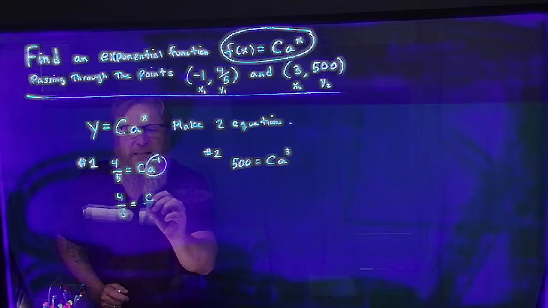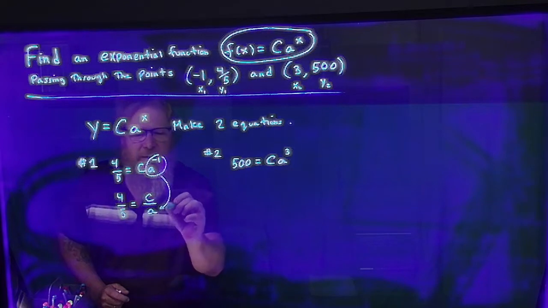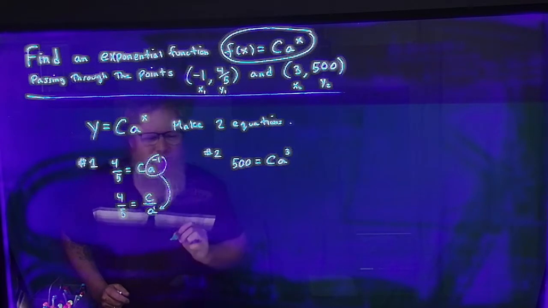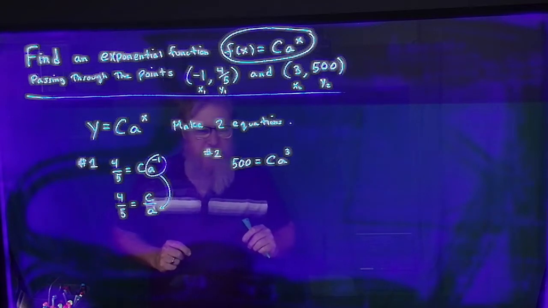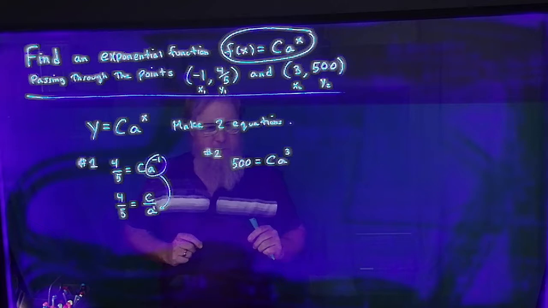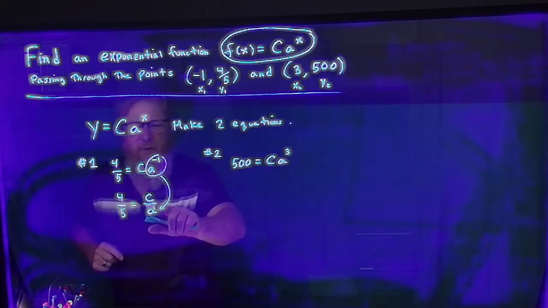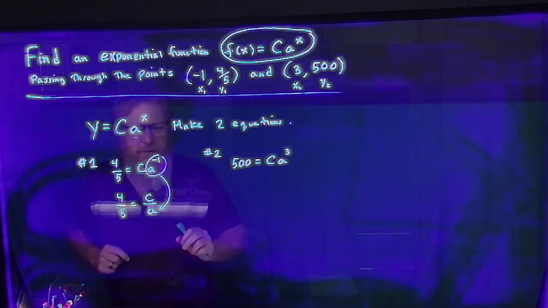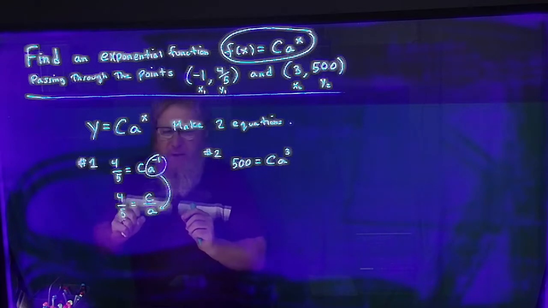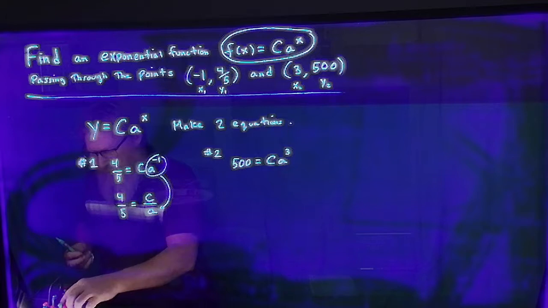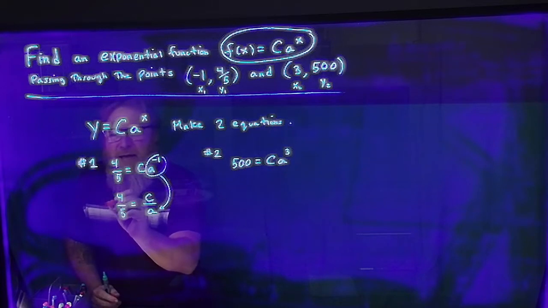So that's going to be C over A. Technically it's A to the first, because you're sending it down to the denominator and making the exponent positive. We've already done that before. I'm not going to write the 1 because it's not necessary. I want to solve this for C, and it should be relatively easy. We're just going to multiply both sides by A.